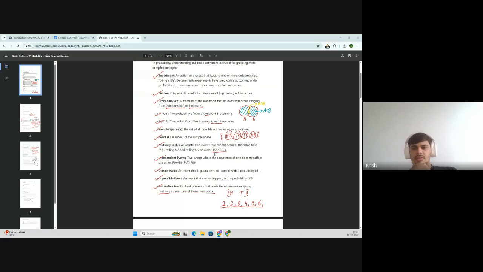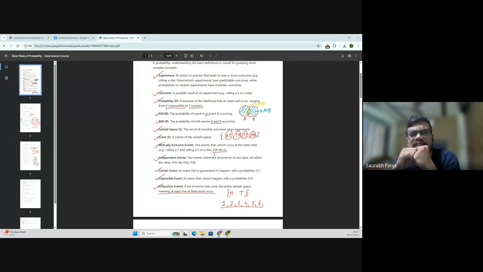Let's take cricket because we're building the win percentage, we're adding sample space and all that. Even I can't think of an example in cricket where mutually exclusive events are falling.